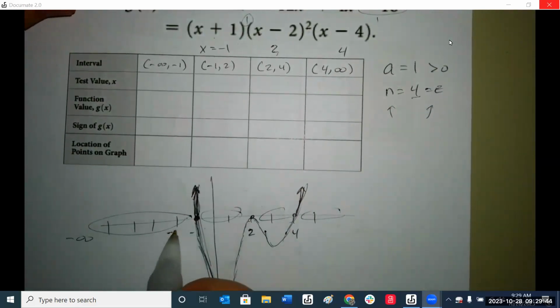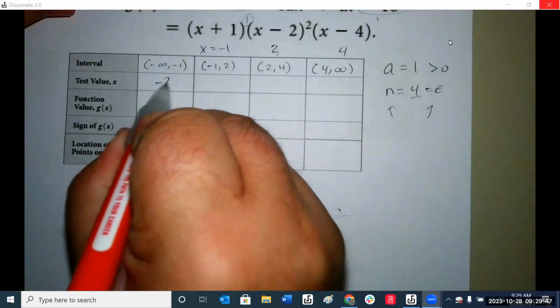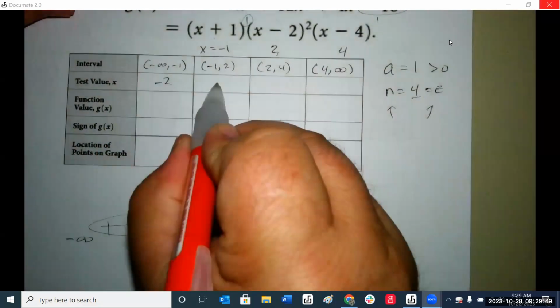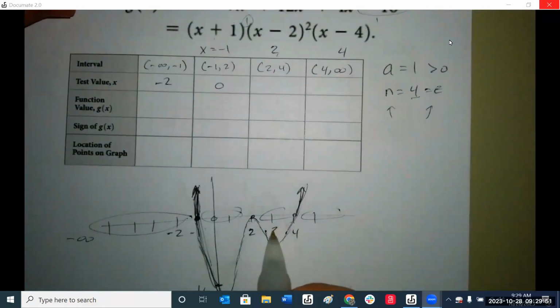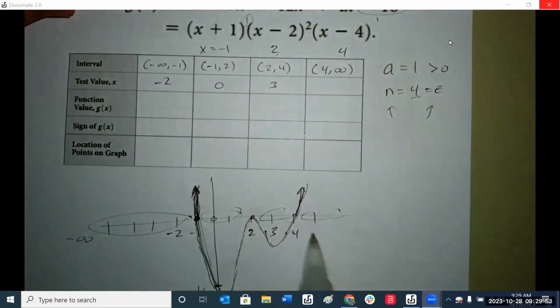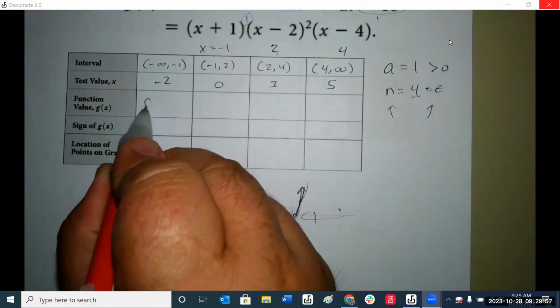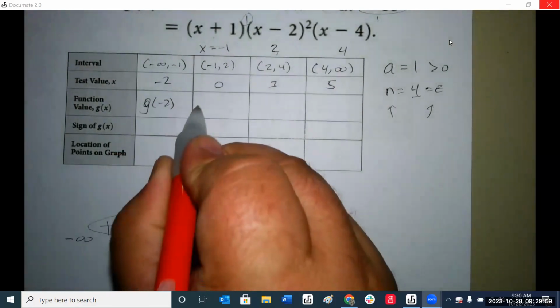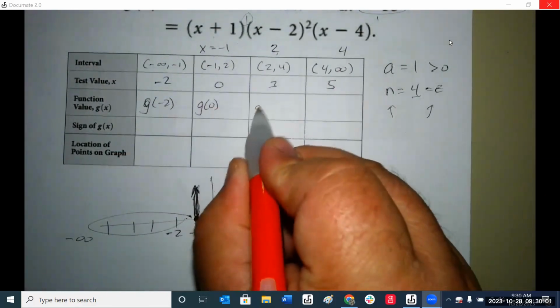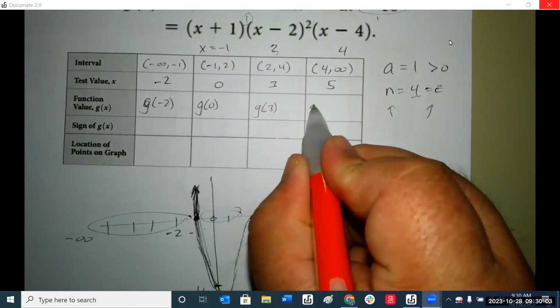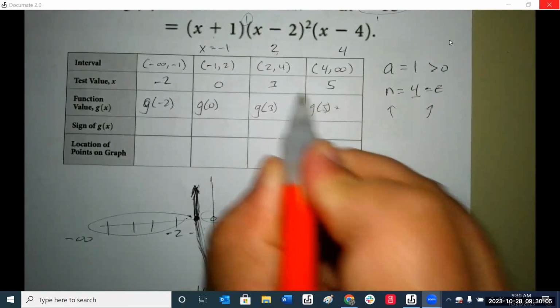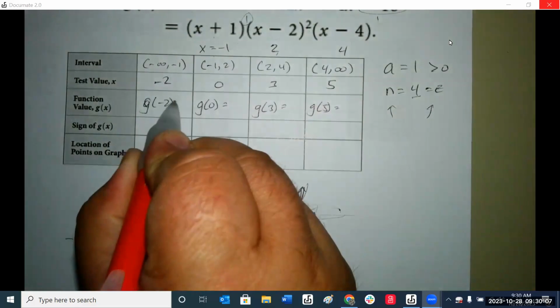Pick a test value that's not that point. So it's -2. You can use 0, 3, and 5. Again, plug those into the function, and you get a value.